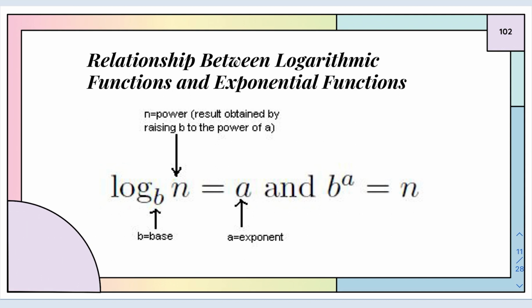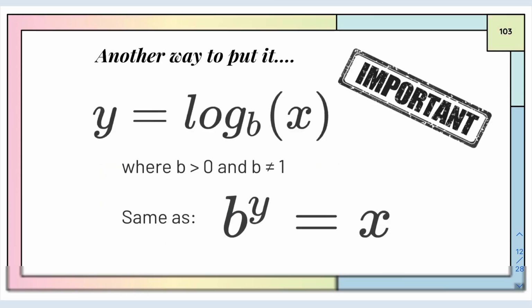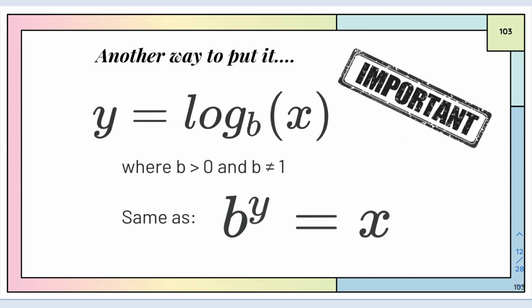The relationship between logarithmic functions and exponential functions, obviously they're inverses, but switching back and forth between them is a really, really helpful tool. Honestly, I think this is a little easier way to think about it.